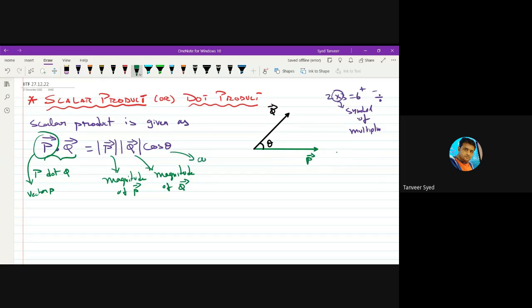Theta is the angle between vector P and vector Q. This is how scalar product is performed. P dot Q is equal to PQ cos theta. Vector P dot vector Q is equal to magnitude of vector P multiplied by magnitude of vector Q multiplied by cos of angle between P and Q.